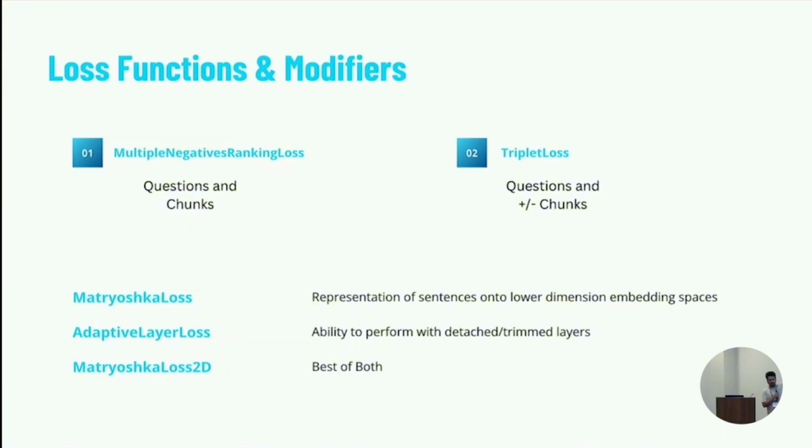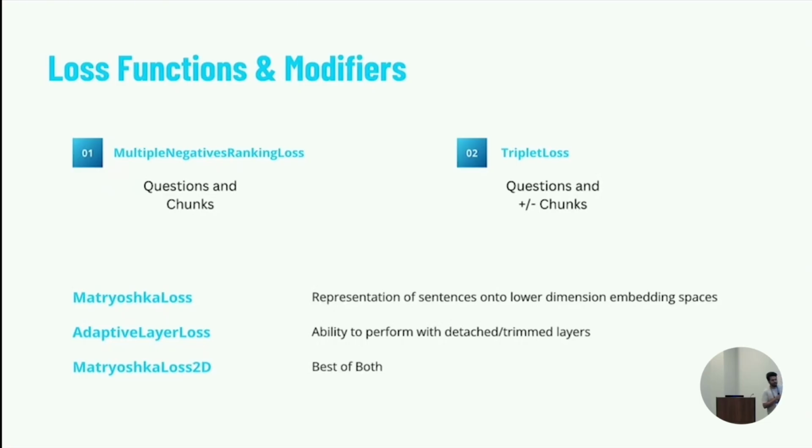If you apply Matryoshka loss, it also trains it for 768 divided by 2, which is 384, and then further down to half of that, until 64 dimensions. So the fine-tuned embedding model would be able to perform well even in a lower dimension space, and this is more towards deployment optimization, so that the size of the embedding model becomes smaller, but its ability to identify relationships stays the same.